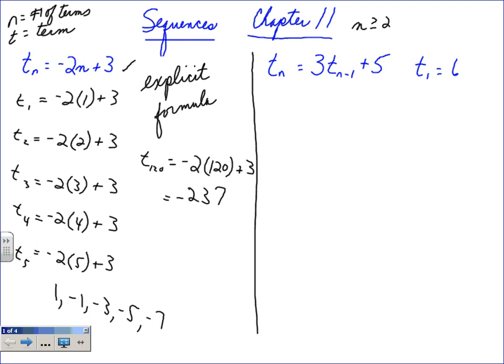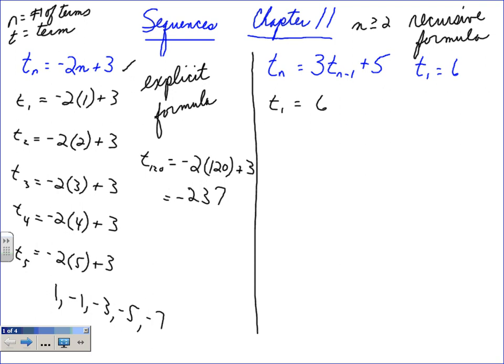So what you need for a recursive formula, and this is called a recursive formula. In order to find, T1 is given.